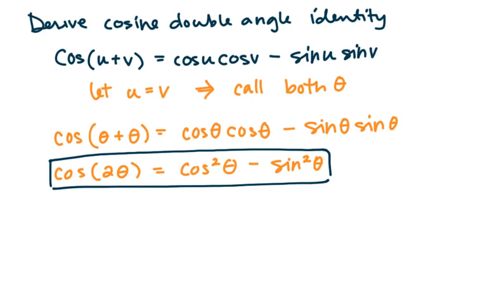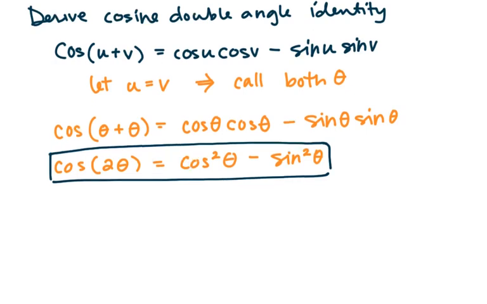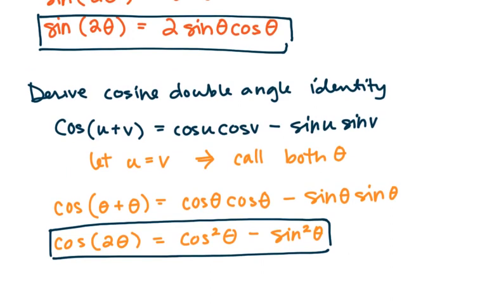You can probably see these identities are very easy to derive. If you know sum and difference, those identities can very easily lead you to these double angle identities.